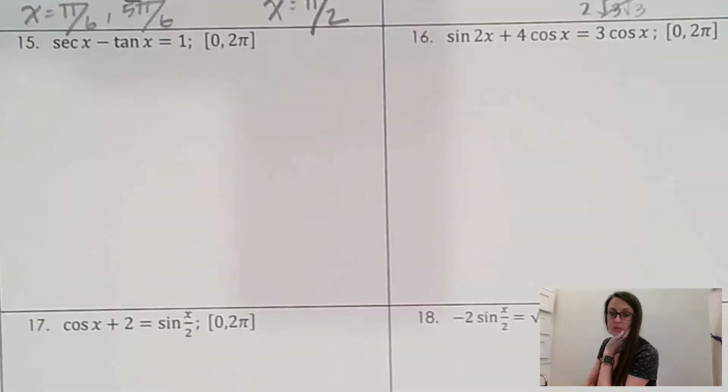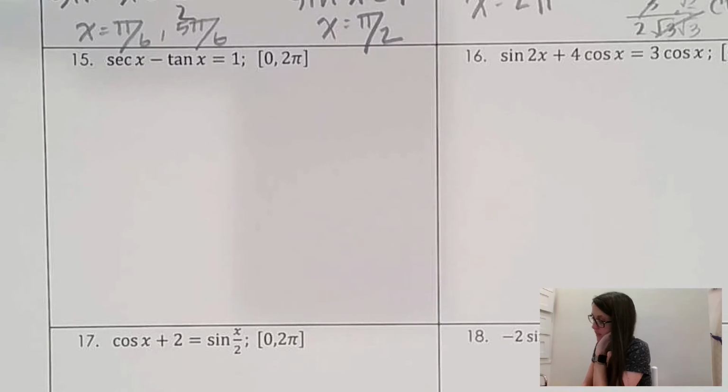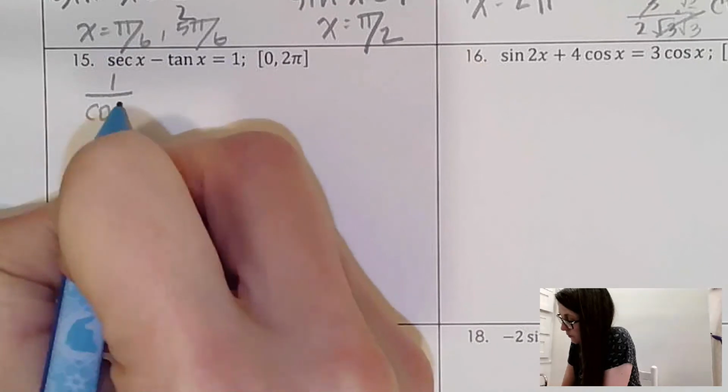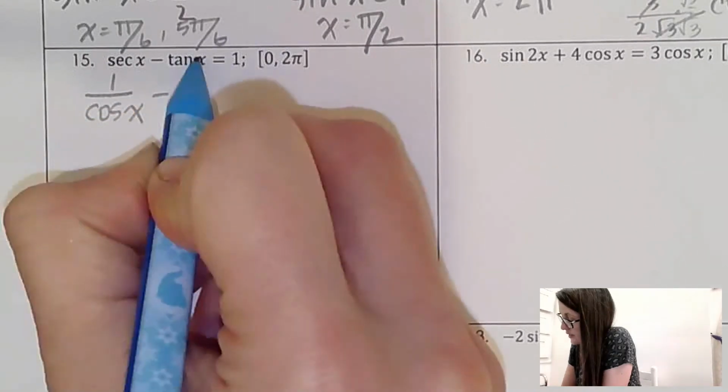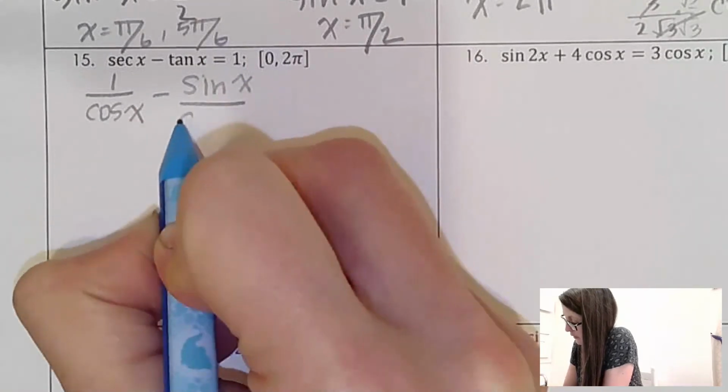All right, let's look at number 15 here. So number 15, we have secant of x minus tangent of x is equal to 1. So secant is 1 over cosine. And tangent is equal to sine over cosine.